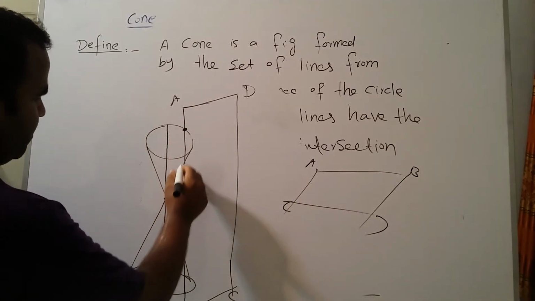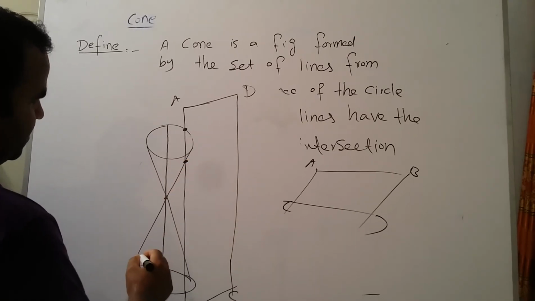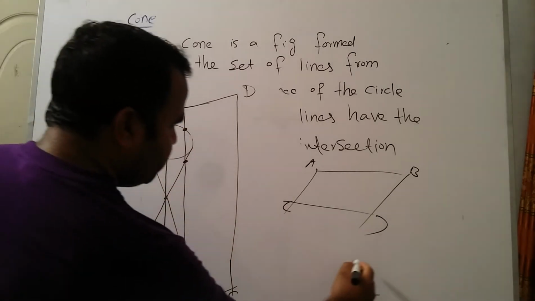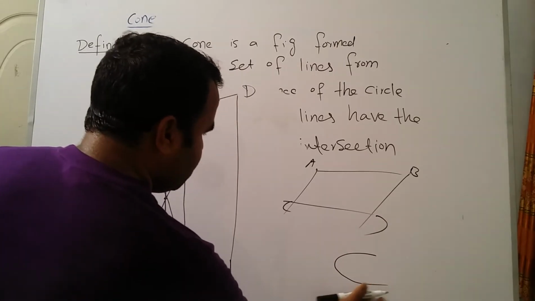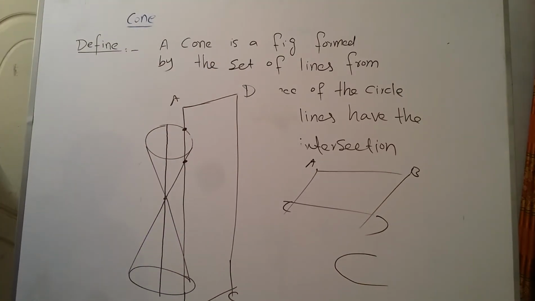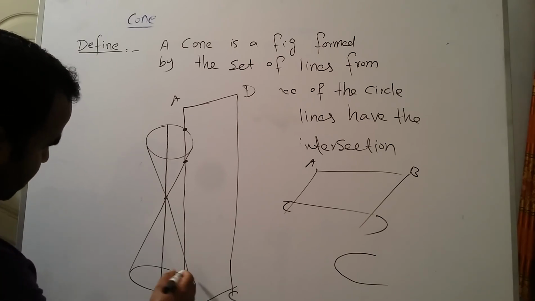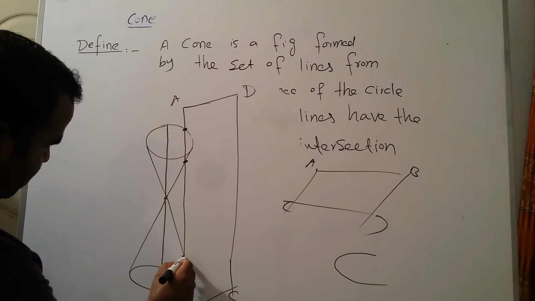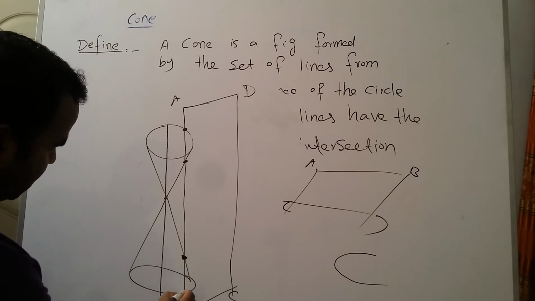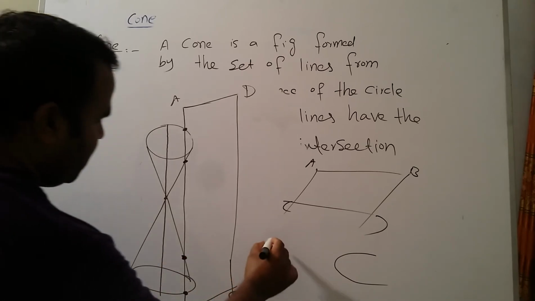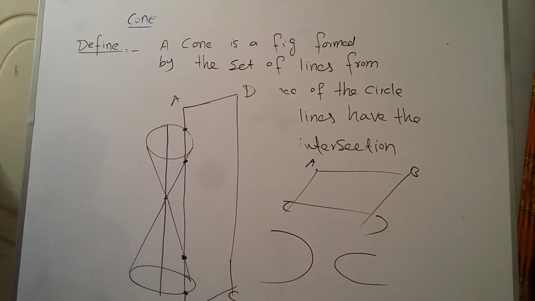This was one point, this was the second point. From this point what will we get? We will get something just like in a parabola. And at this point what do we get? Here two points. First point is that, second point is that. We will get just like this. This is a hyperbola.